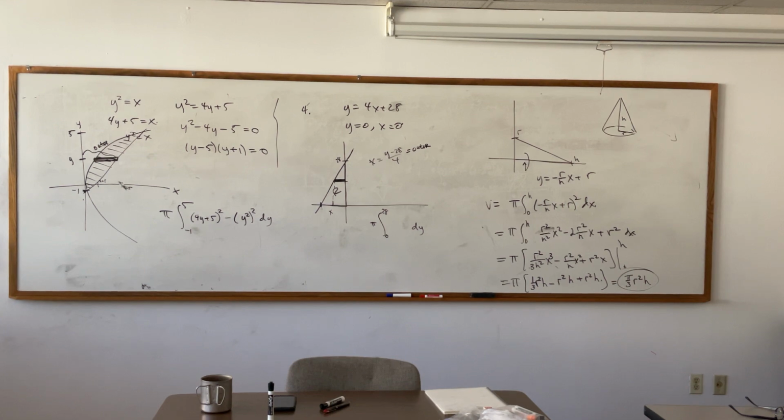Okay, good. What's our volume gonna look like? This square. Yeah, there you go. And then just integrate it from 0 to 1, and FOIL it out.